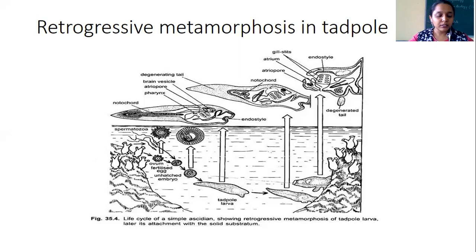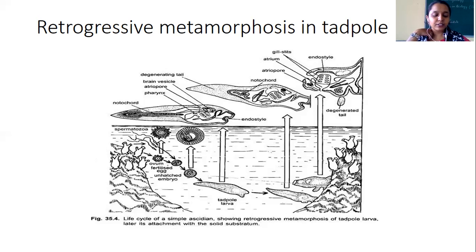There will be formation of the neural gland, nerves, and the cerebral ganglia can be seen in the adults. We can also see the formation of the anterior oral and the branchial apertures of the mouth. The test, which was confined to the anterior region, covers the whole body of the organism. That is again a progressive change.